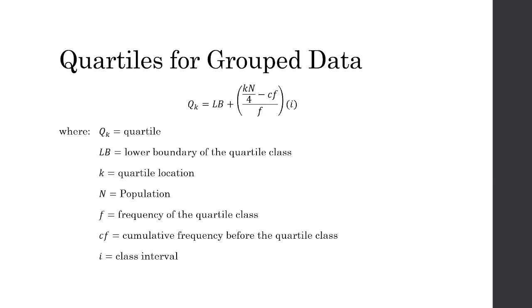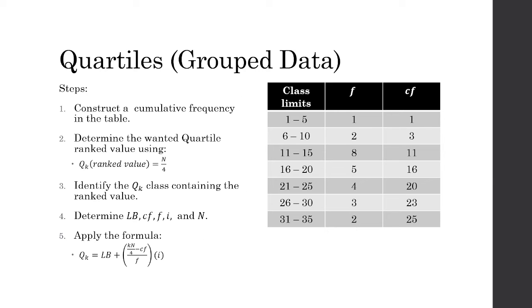Halos parehas lang siya. So kumbaga, you just need to construct the accumulative frequency in the table of your group data. Then you need to determine the wanted quartile rank. So quartile rank natin dito, hindi na tayo mag-plus 1. You just need to divide, hindi lang dapat n over 4 ito. This should be kn over 4 to locate your rank value.